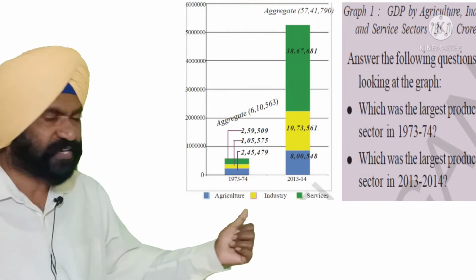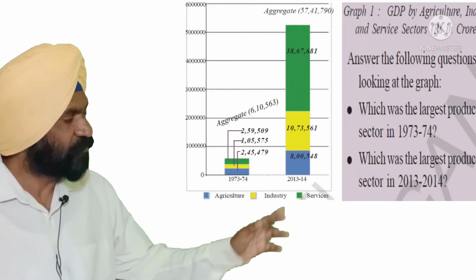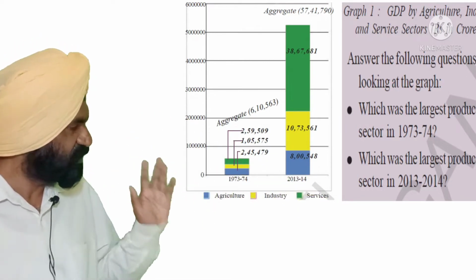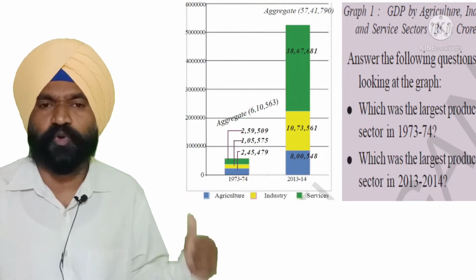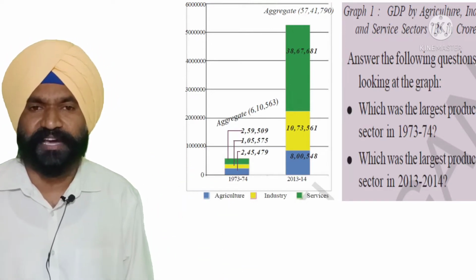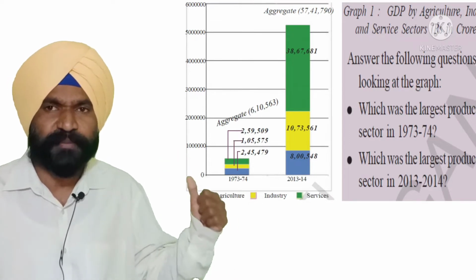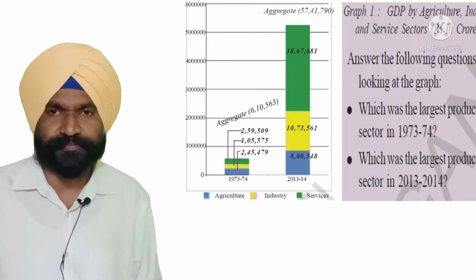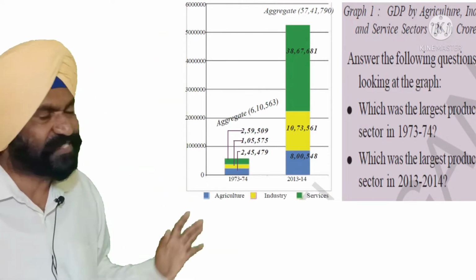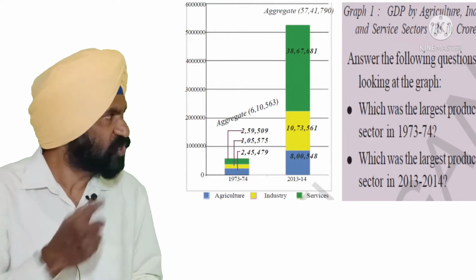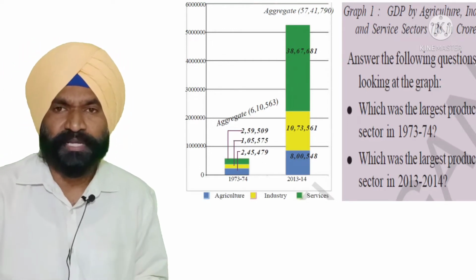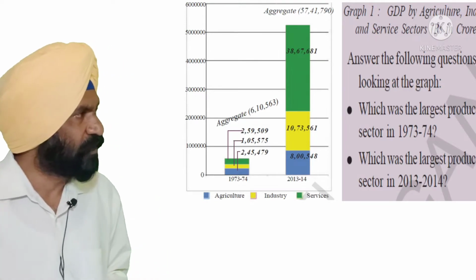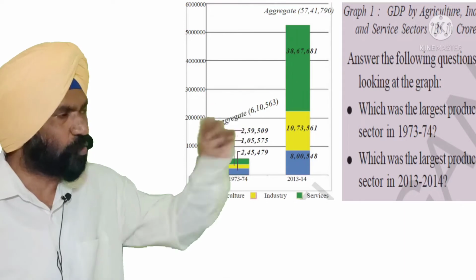Three different colors are given for three different sectors, and one is for 2013-14. Now in 1973-74, if you can see, the blue color indicates the agriculture sector, which has given the GDP by agriculture, service sector and industry in rupees. Now if you see this image, the graph shown in this image is telling about the GDP by agriculture, industry and service sector, which has been given in rupees in crores.